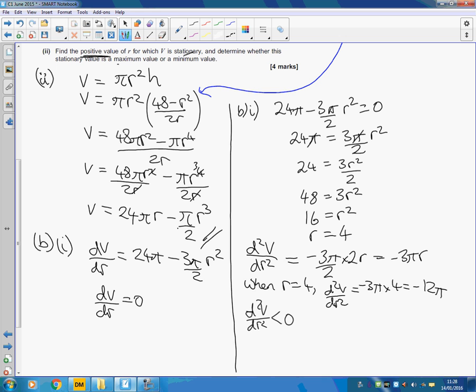We should state that in our conclusion. Therefore, it is a maximum value. If it's less than 0, it's a maximum. If it's greater than 0, it would be a minimum. You do need to be careful with your notation on this question and explain everything clearly in order to get full marks.